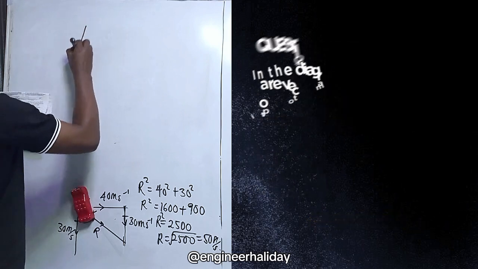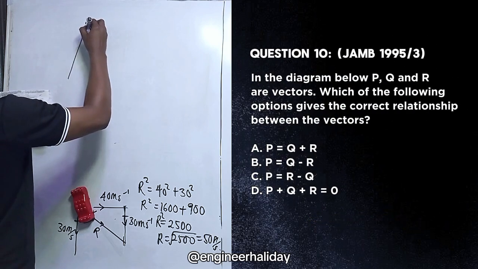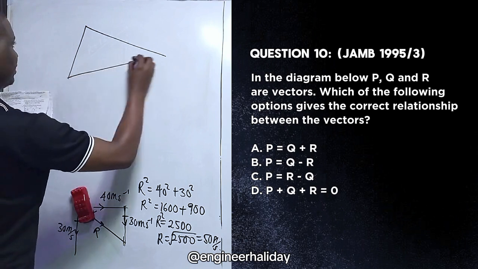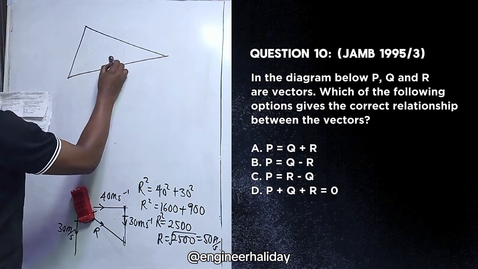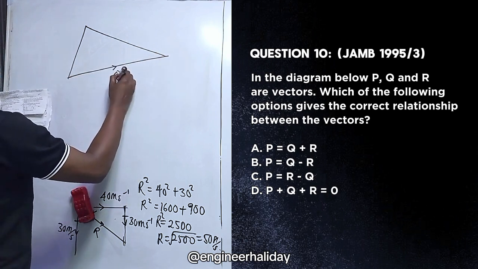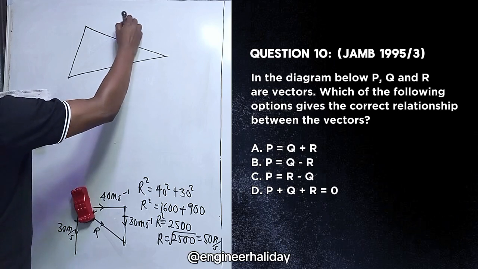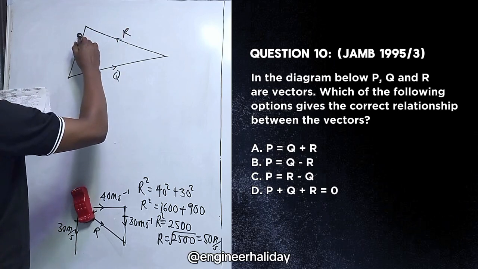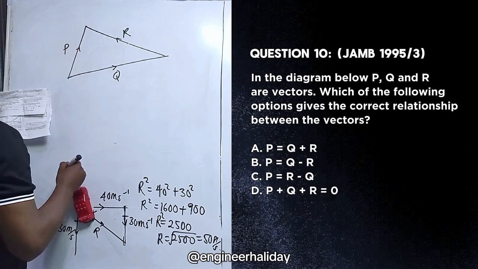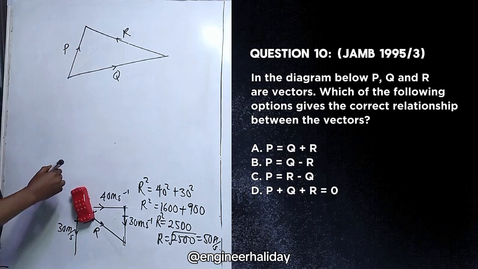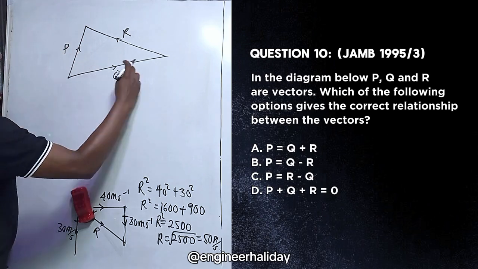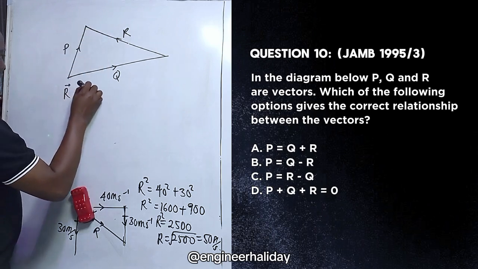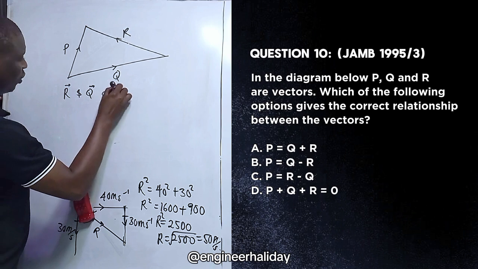This is a diagram I want you to understand. This is the 1995 question 13. This is Q, this is R, and this is P. From the arrows, R and Q are moving in the same direction.